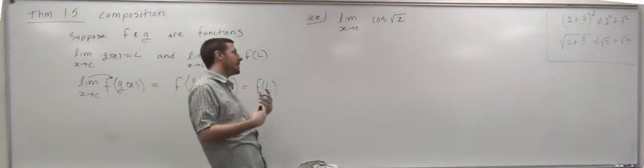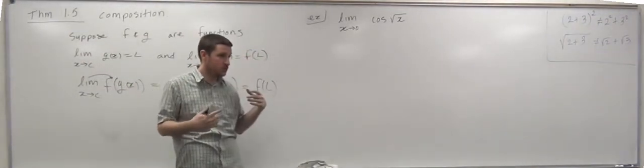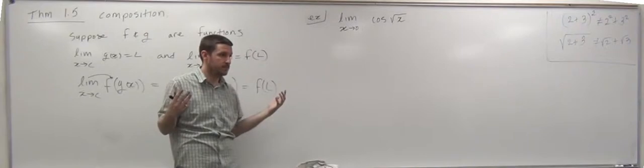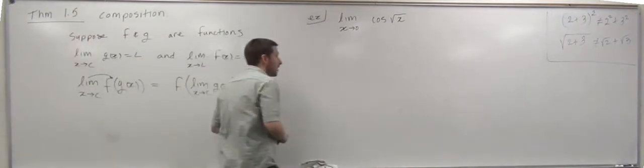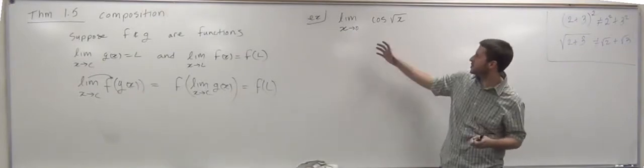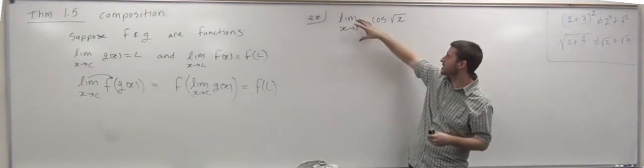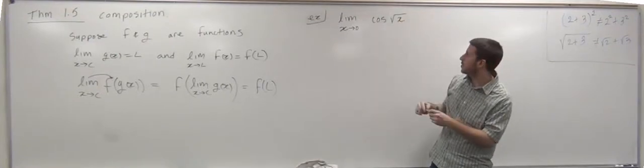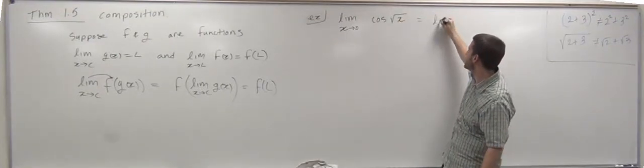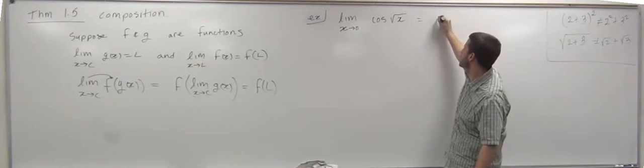So again, this is basically saying, just plug it in. But the way we're rephrasing this so that you get used to these limit properties is, you can push this limit past the cosine. You can just slip the limit right inside because cosine is such a nice function.